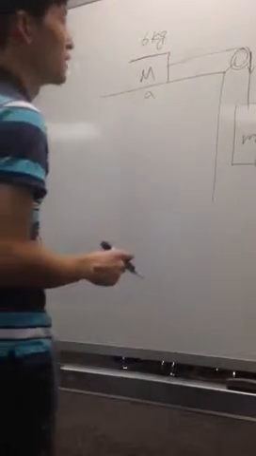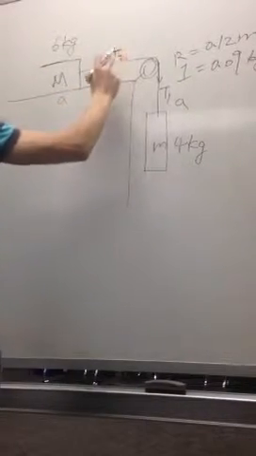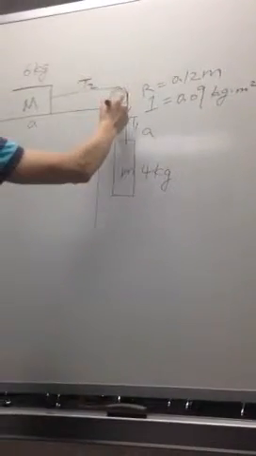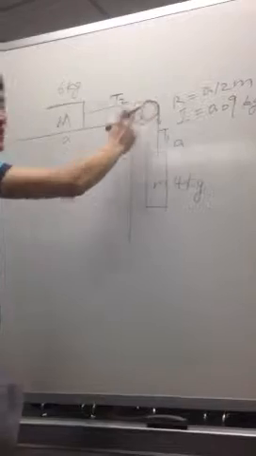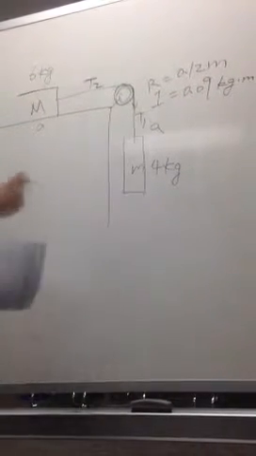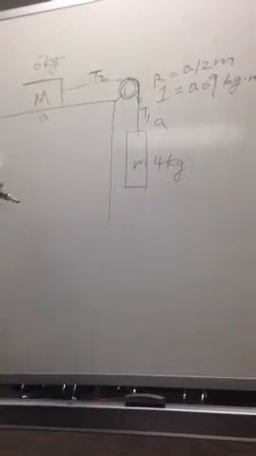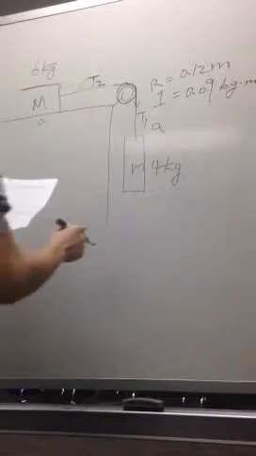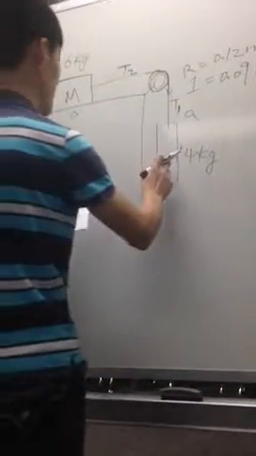So let's say here we have a tension T1, and here we have tension T2. Okay. It will be different because right now we are considering the moment of inertia for the pulley. Remember before when we considered the pulley, there was no energy there. So we need to analyze this one.